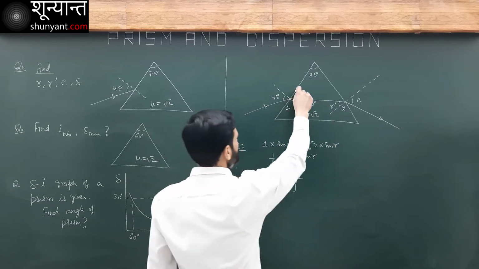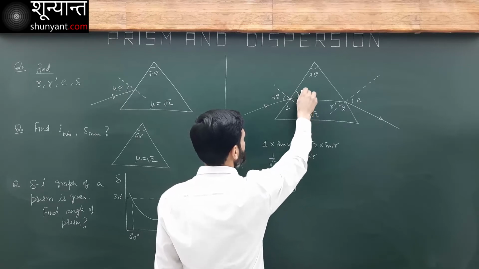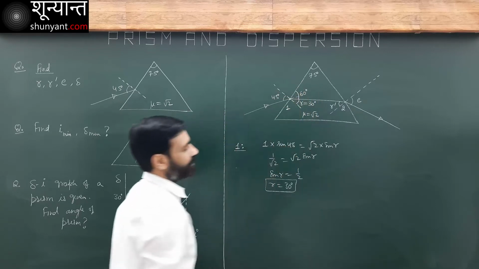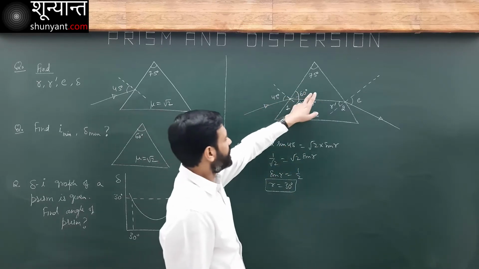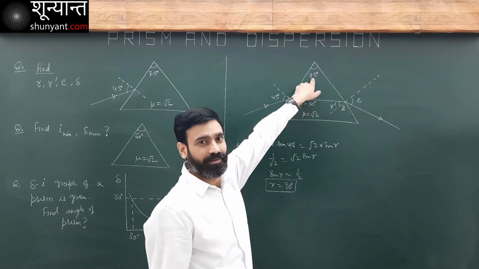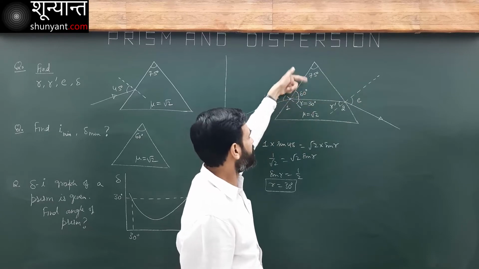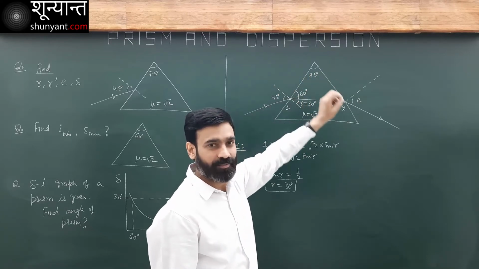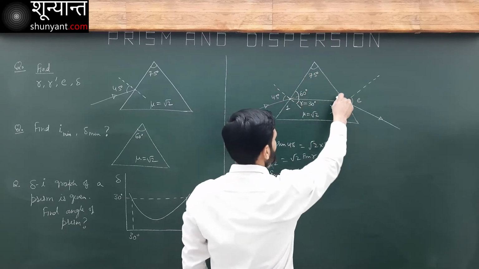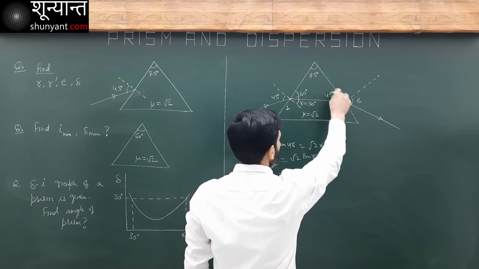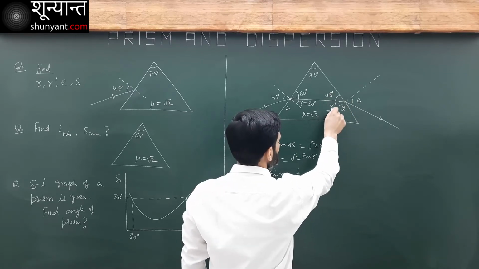What will this whole thing here be? It will be 60 degree. Now this is 60, this is 75. It becomes 135. So what will this angle here be? It will be 45. So R dash is 45.